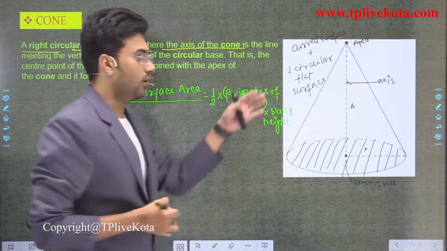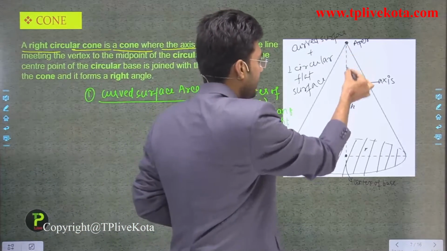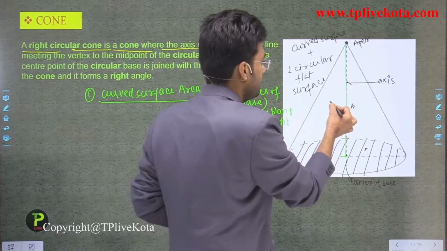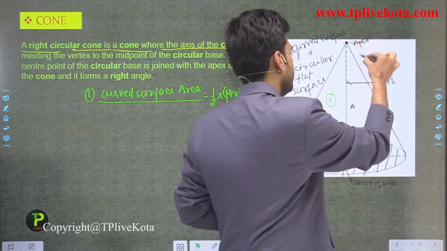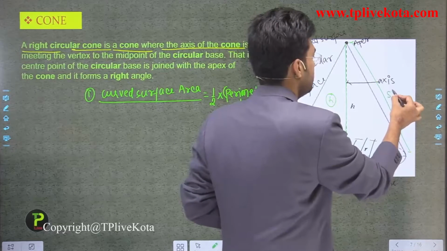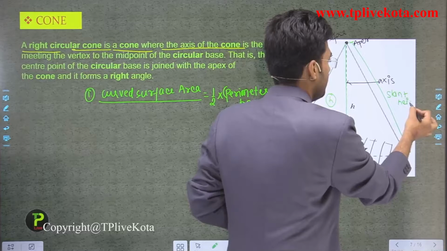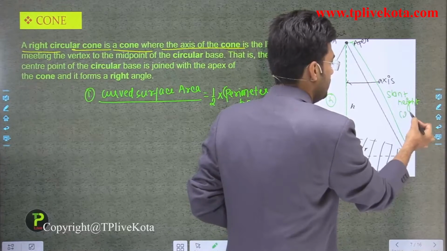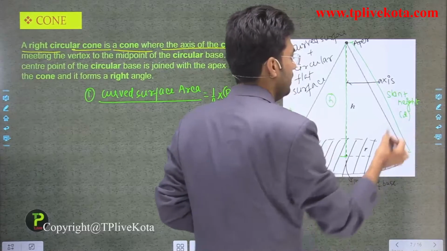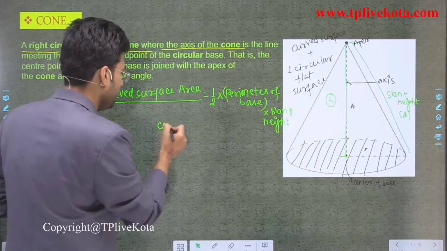Students, for right circular cone we have two types of height. This height is perpendicular height. This is what? Perpendicular height. And this height is called slant height. This is what? Slant height. And let this is equals to L. So we can write here CSA is equals to what?